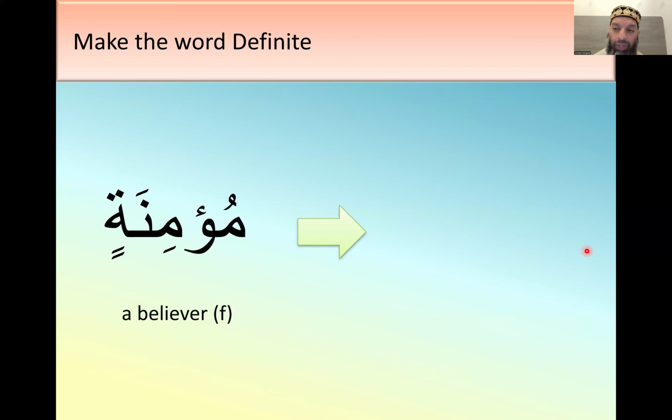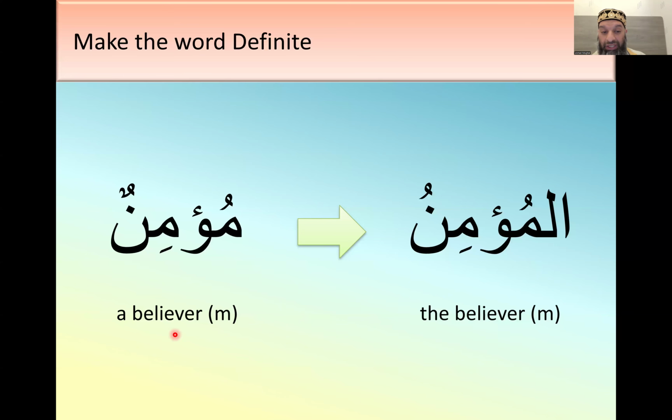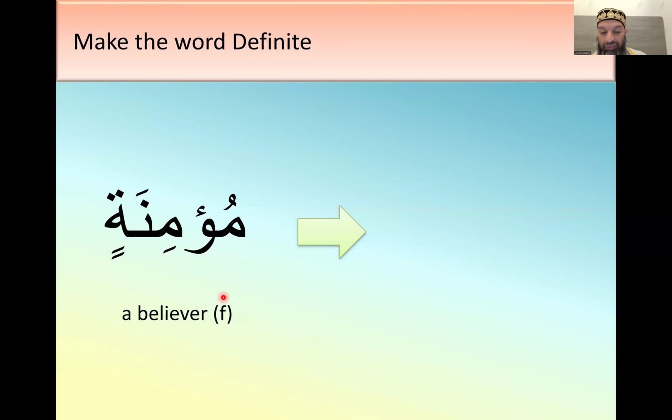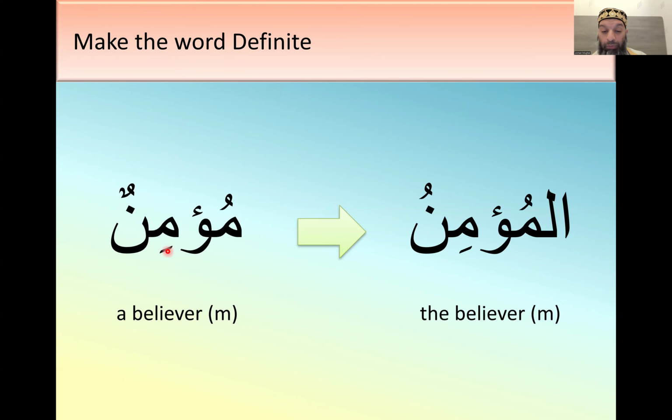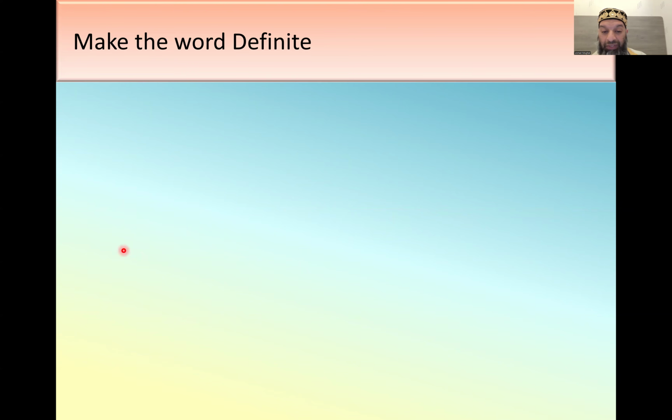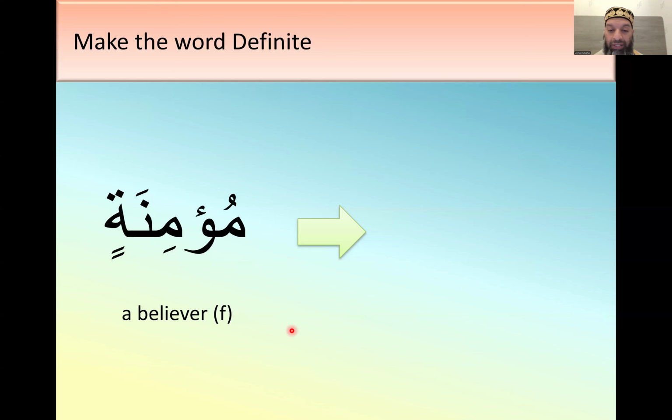Mu'minatun. So what happened here? A believer, female. The previous one was a believer, male. So how has it become female? What made it female?